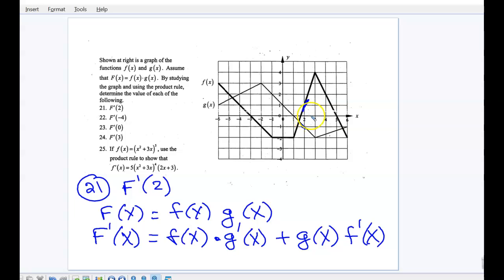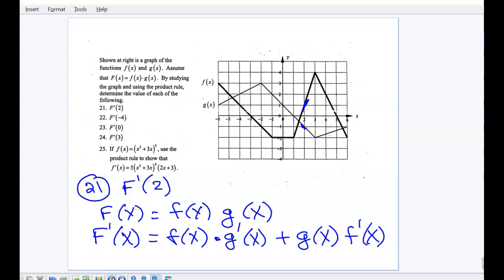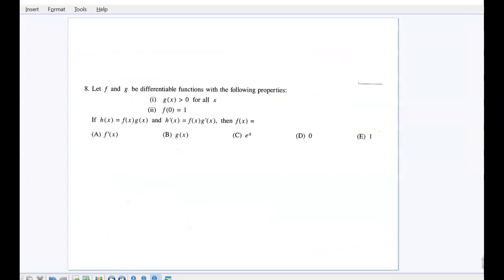And if we calculate that, the slope would be 3. So if I work these out, I end up getting 1 times -1 is -1, 3 times -1 is -3, so this derivative would be -4. Okay, I think I'll leave the rest of those as part of your assignment, so you can reference that one when you do 22, 23, and 24.